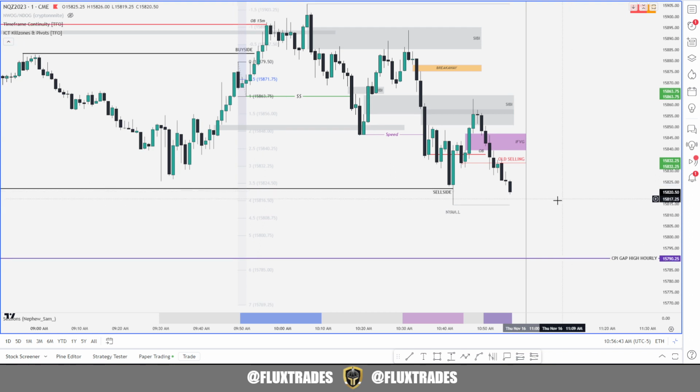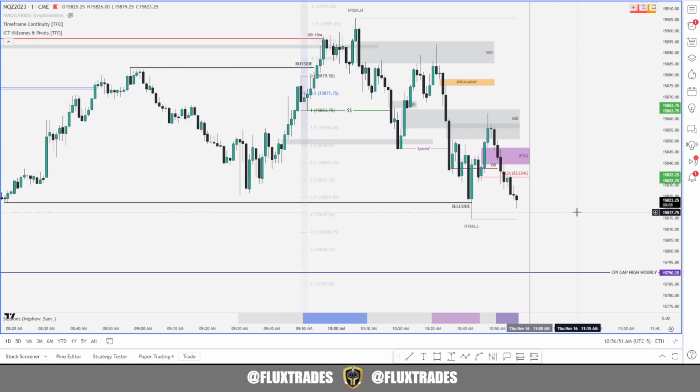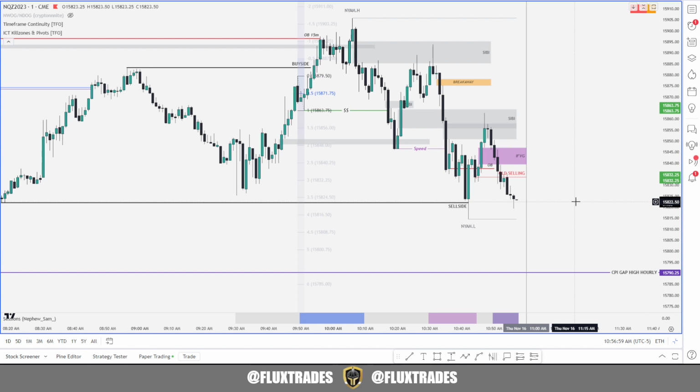I think it makes it much easier, at least for me, to follow my rules, because I know everyone who's traded, there's been times where you've either FOMO'd, broken rules, or revenge traded, things like that. And a lot of the time it is your fault, for sure, but a lot of times it isn't, where you don't have those rules written out and you're trying to trust yourself enough.